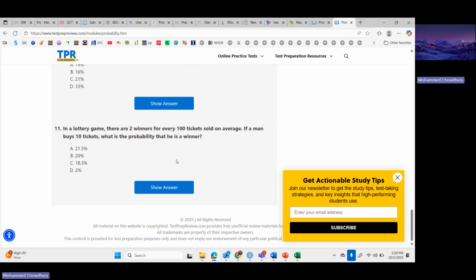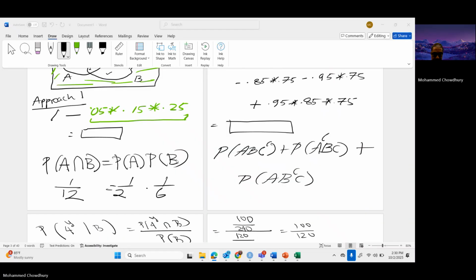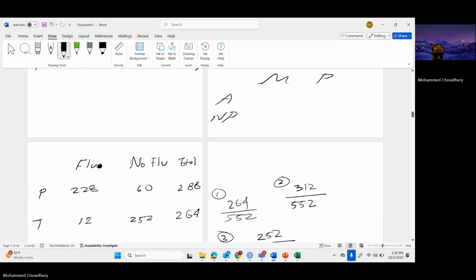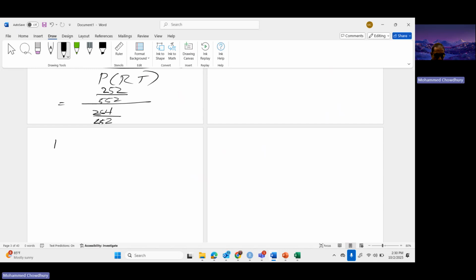But he bought 10 tickets. Probability of winning is 2 out of 100.